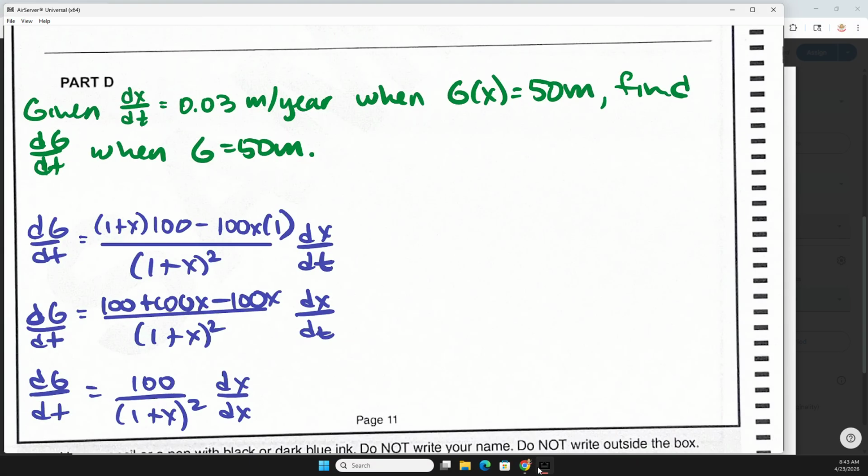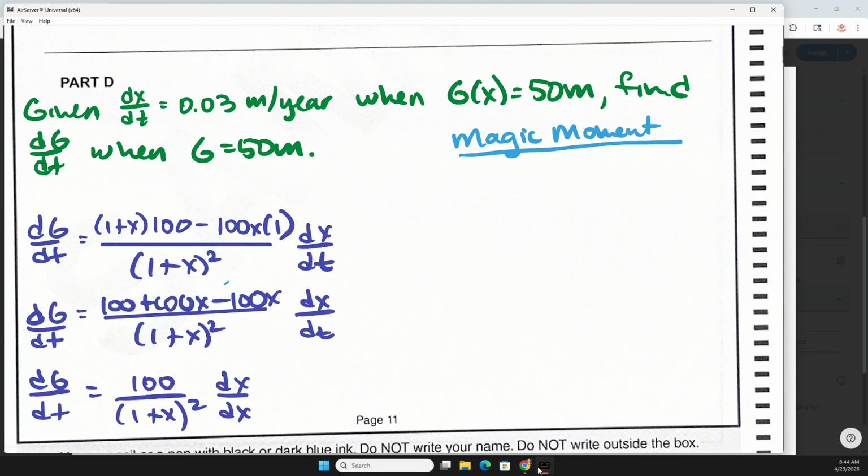All right, and then I hope you guys remember the magic moment. So the magic moment is when g is equal to 50. But the thing is, we don't have anywhere to plug in g. We have to plug in x. And so what we need to find is what the x is when g is 50.